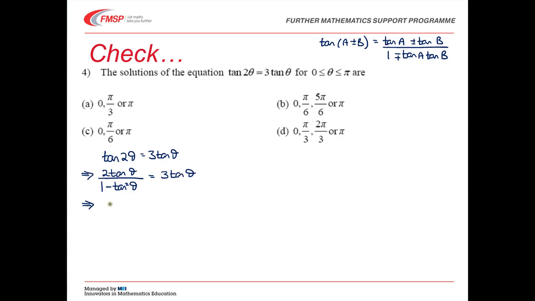Okay, I've got fractions. It's always a good idea to get rid of those as soon as you can, so multiply through by 1 minus tan squared theta to get 2 tan theta equals 3 tan theta minus 3 tan cubed theta.